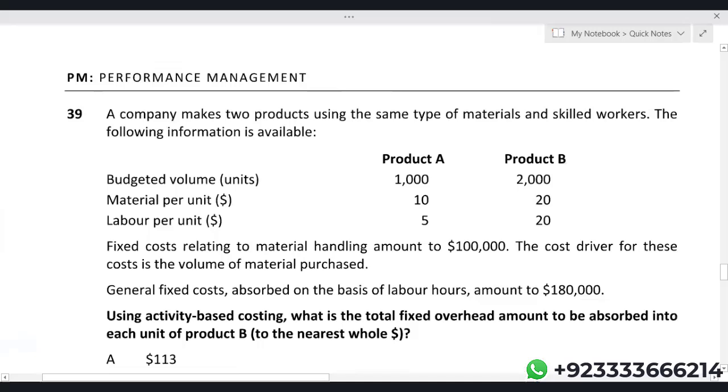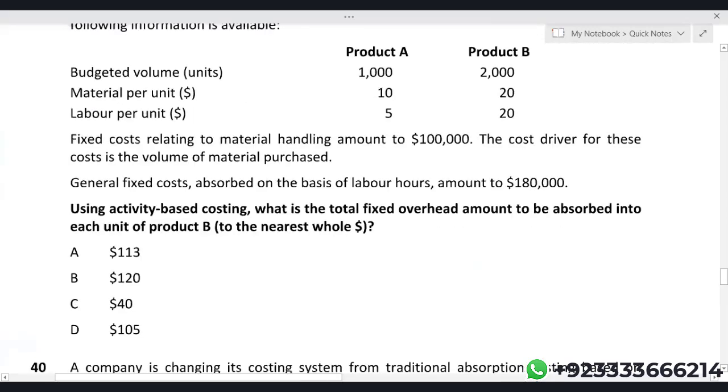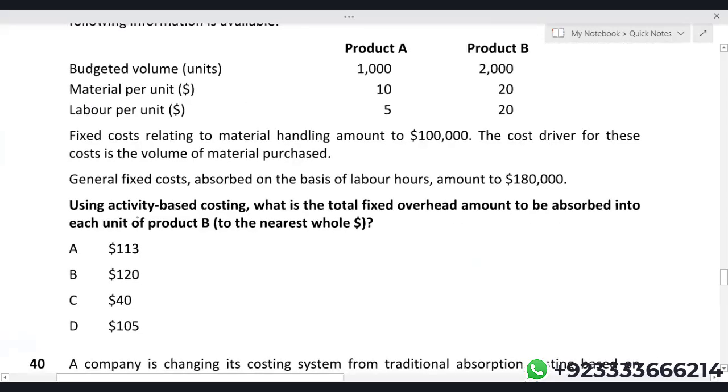Okay, now, next question. Using activity-based costing, what is the total fixed overhead amount to be absorbed into each unit of product B to the nearest whole number?